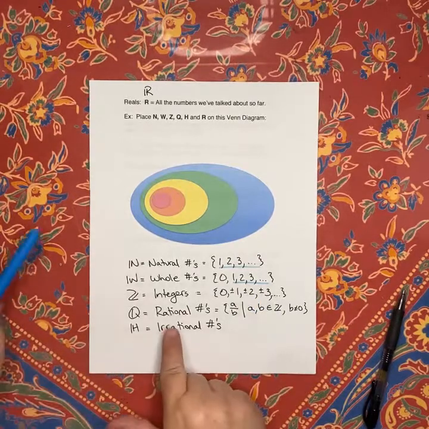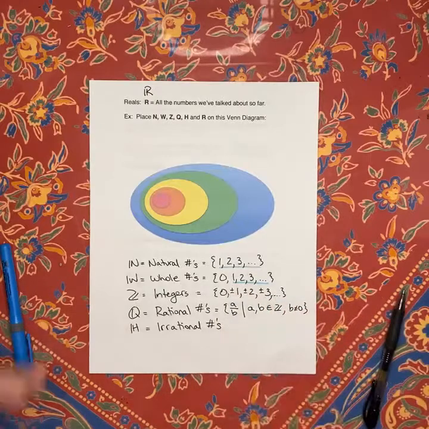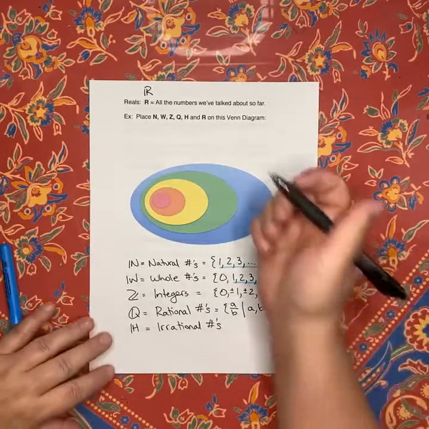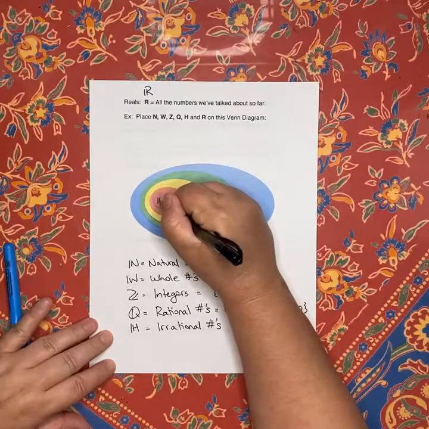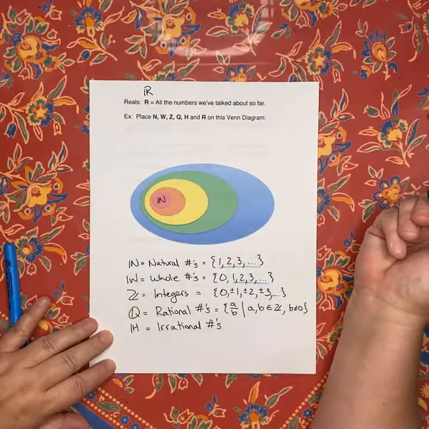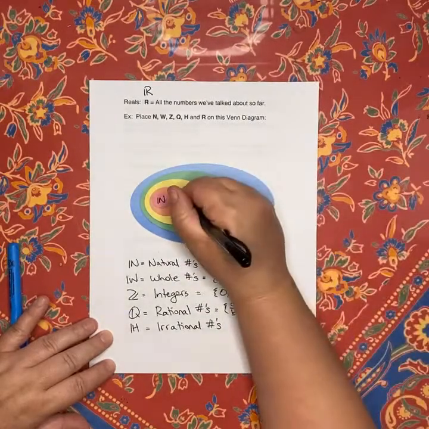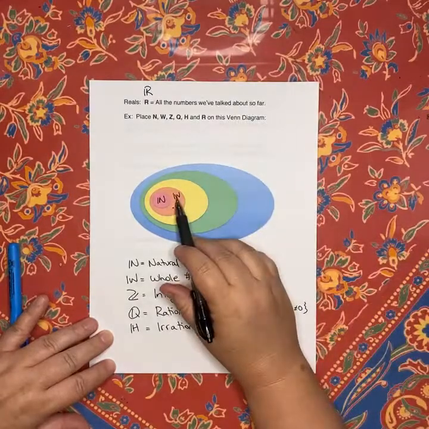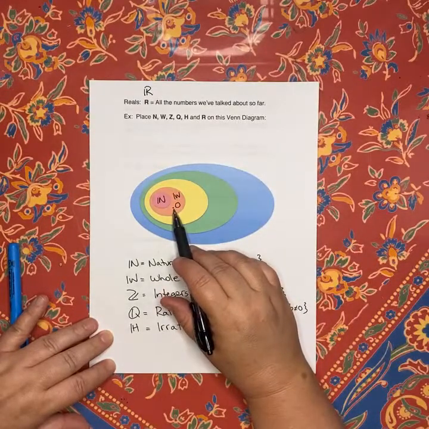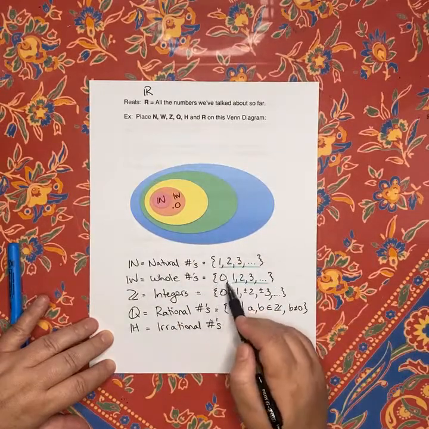And then the rational numbers are just the integers, because each of these can be written as a fraction, plus all the other fractions. So the way we write the Venn diagram, the natural numbers come in the middle, the smallest set. And then this is the set of whole numbers. And I can specify that in the set of whole numbers, it's just 0. That's the only thing outside the natural numbers, because that's the only thing that's different.